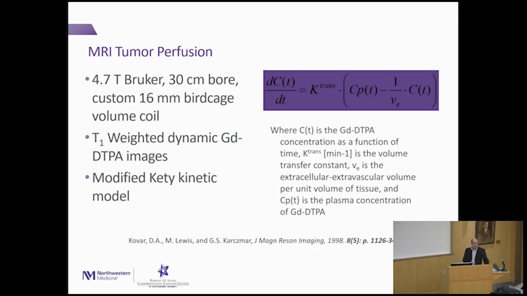They're not direct measurements of permeability and perfusion because it depends on certain assumptions in the model. That's why I say it can mimic, or it can be a guide to tell you changes in perfusion or permeability, but not a direct measurement.